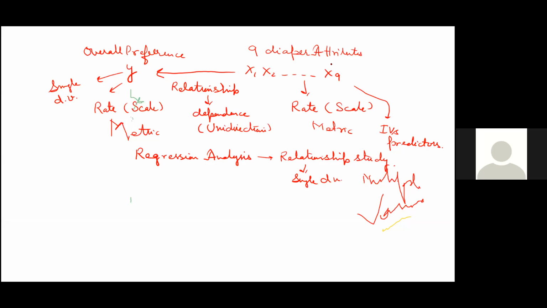Metric means it is on the ratio scale, where we consider the exact value, or on the interval scale like 1 to 5, 1 to 7, 1 to 9. Suppose we want to examine the impact of price on sales; this is the case of univariate regression.